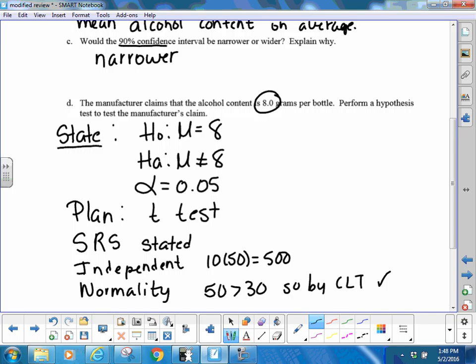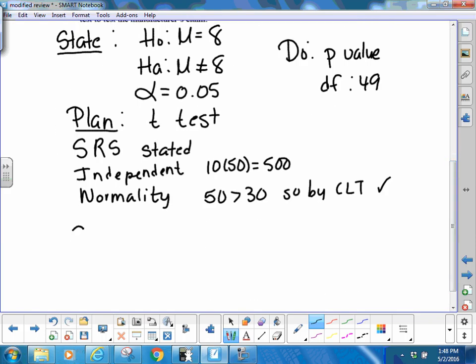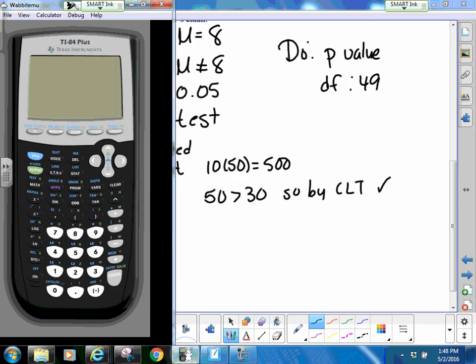So state, plan. Under the do piece, let's put our p-value and our degrees of freedom, and then we'll conclude it. So we'll go back to the screen that I was actually in before. You go to stats, and you go to tests.